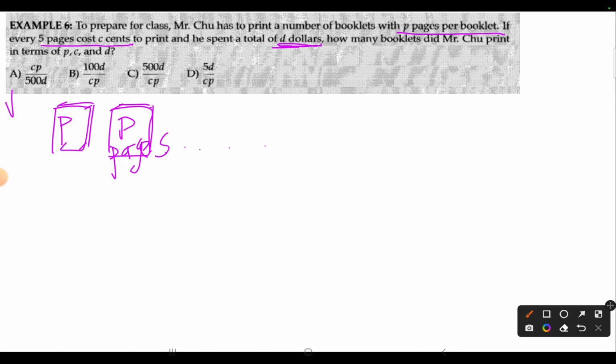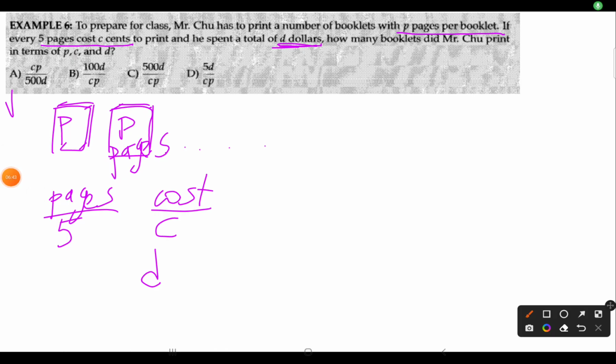We can write a proportion. We will write pages and cost. 5 pages, it is C cents. And he spent D dollars.